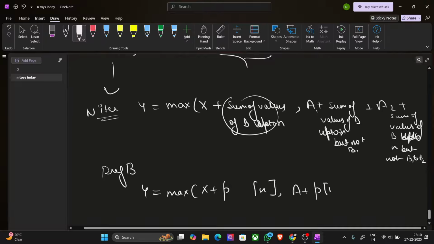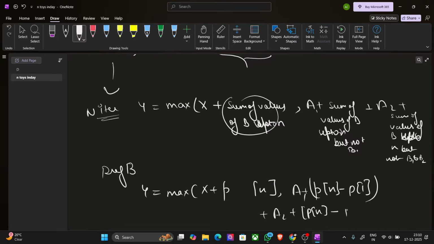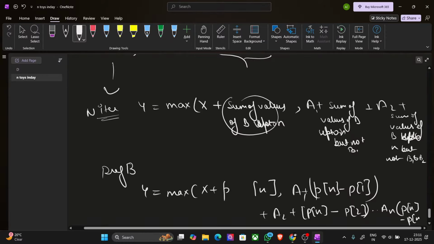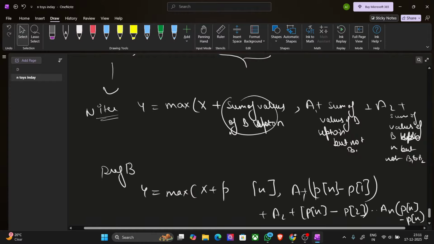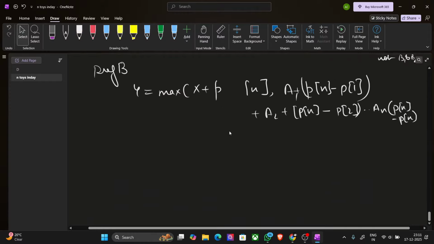Now pn and not b1, so I can just subtract p1 for a1, and for a2 as pn minus p2, and so on up to an as pn minus pn. Correct.